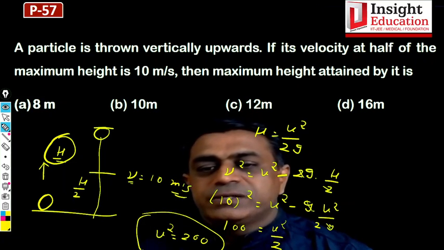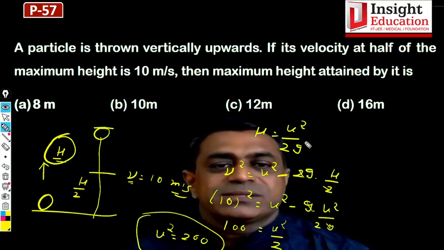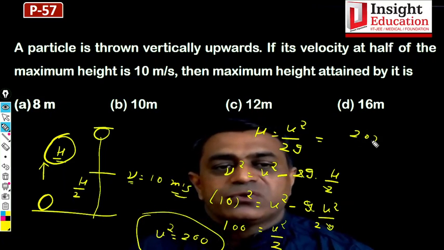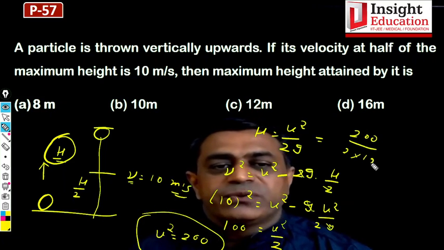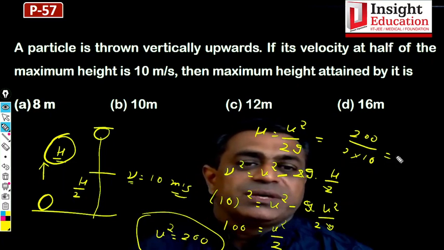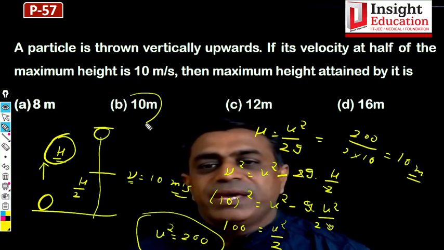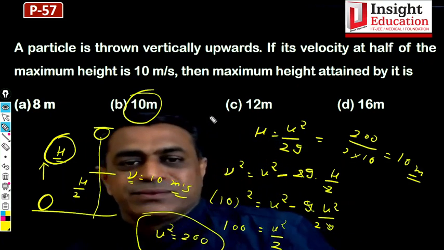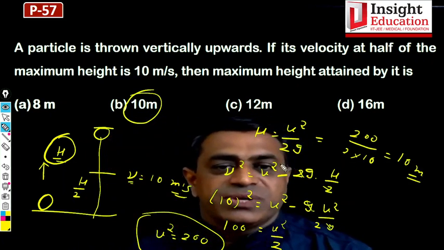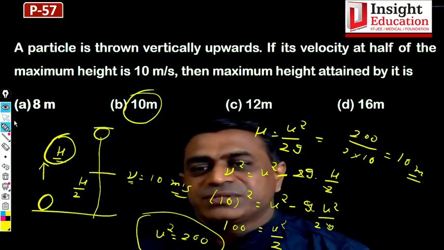Now replace u square is equal to 200 in h: 200 divided by 2 into 10. So h is equal to 10. So the height should be 10. Okay, so generally you will find such types of examples.